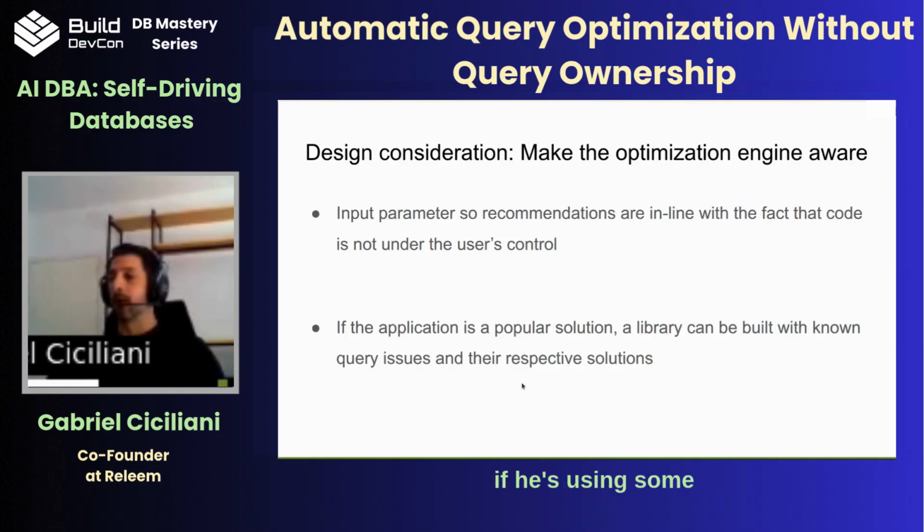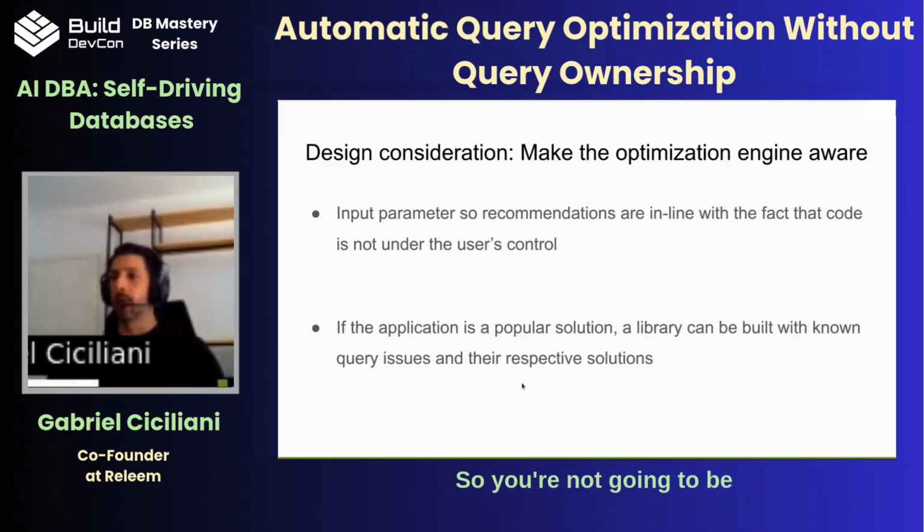Taking this a step further, you can add a parameter so your user can specify if they're using some sort of well-known platform like, as I said before, WordPress or Magento or Drupal, and you can have your own library of fixes or solutions for that specific technology.